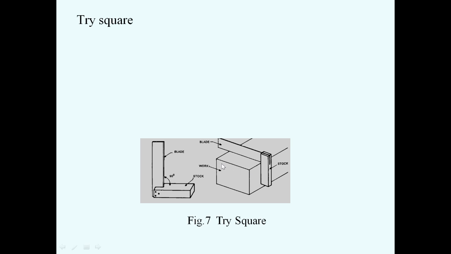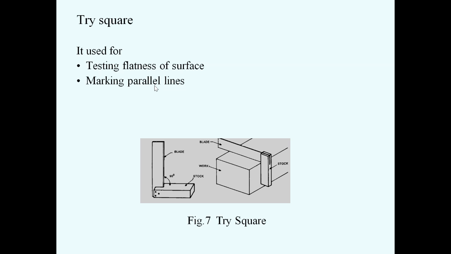This will be the usage of the tri-square, and this part is called the work or job. This will be the tri-square, not the steel rule. The tri-square is used for testing flatness of the surface of the wooden workpiece, and also for marking parallel lines.